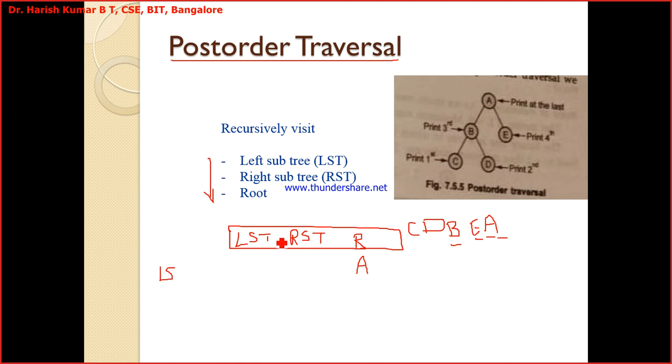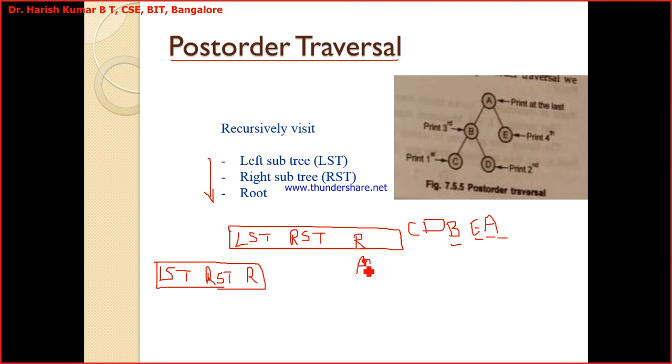When you're writing this, write it in the center of the paper, because when you keep expanding, it gets wider. So LST, RST, and then R. Now I check whether there is a right subtree for A. Yes, a right subtree for A is also there.